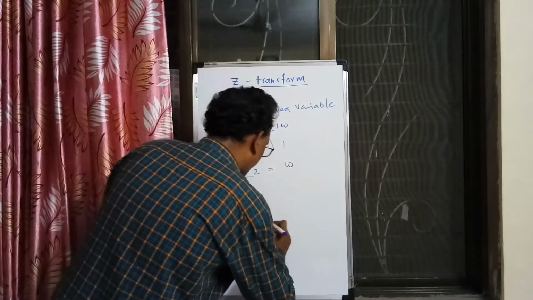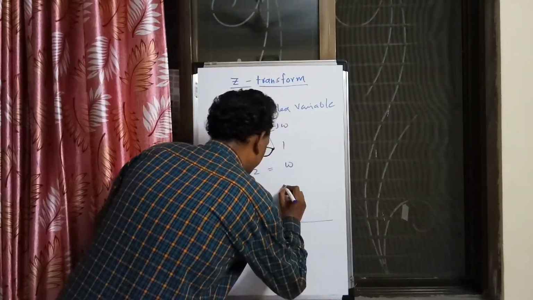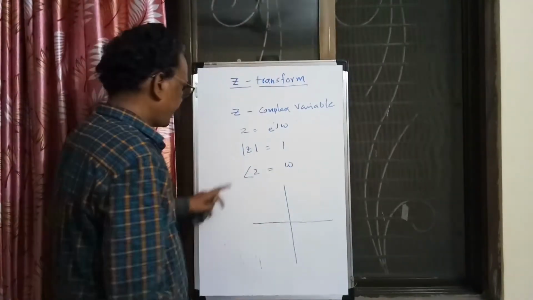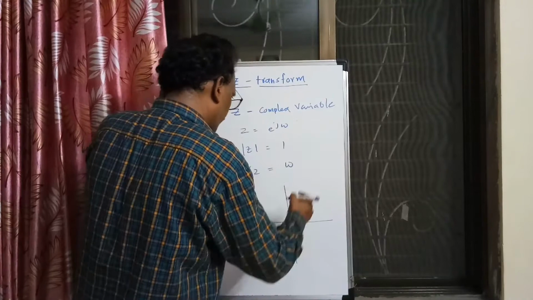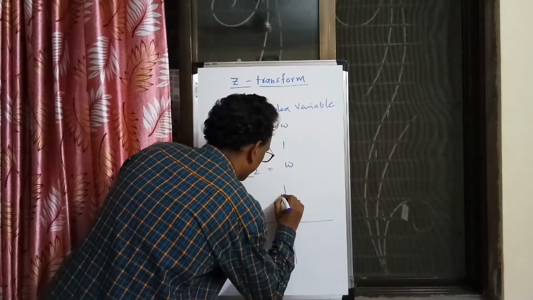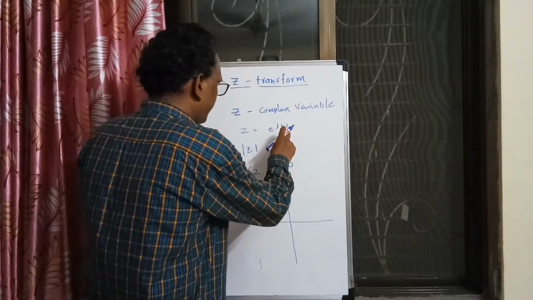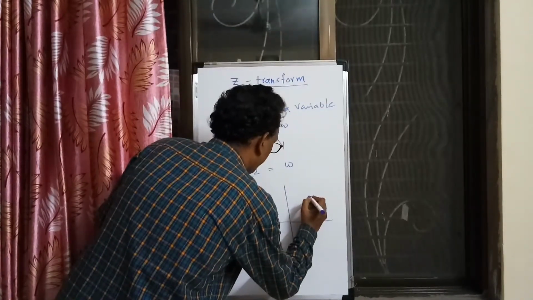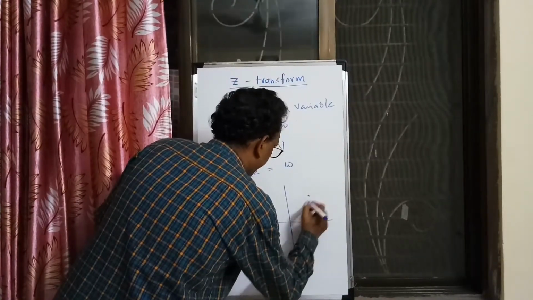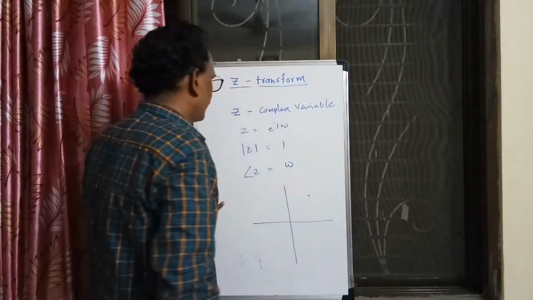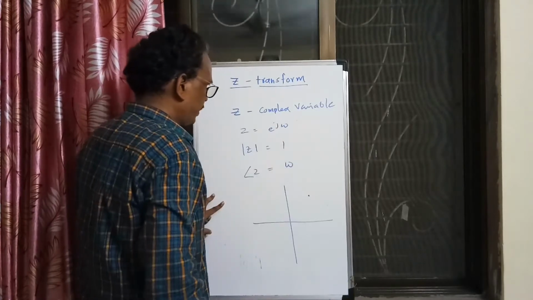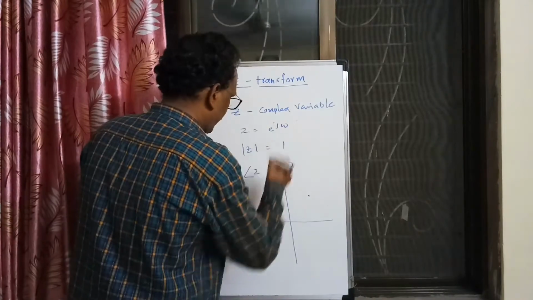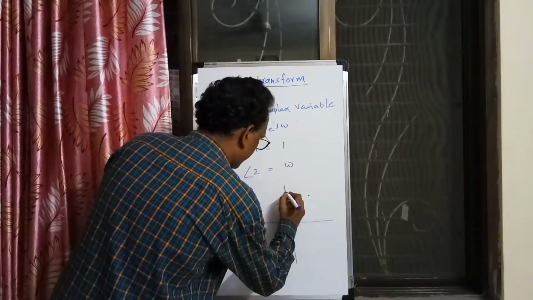And when we plot e to the power j omega, magnitude is known, phase is known. So we can say that e to the power j omega, omega can be pi by 4. So if omega is pi by 4, we get e to the power j pi by 4, magnitude is 1 and that angle is pi by 4. If I say omega equal to pi by 2, it becomes e to the power j pi by 2, so its answer is j. Magnitude of j is again 1.